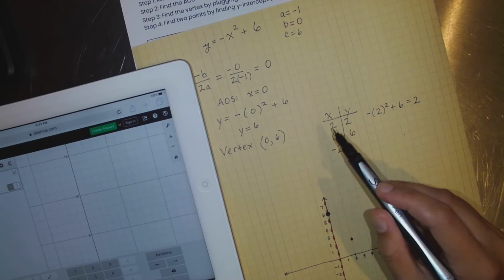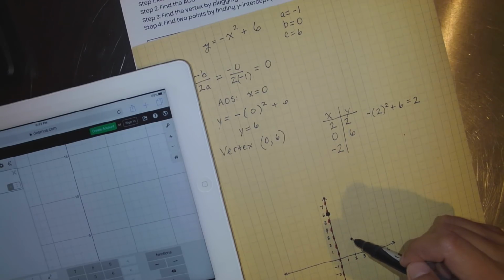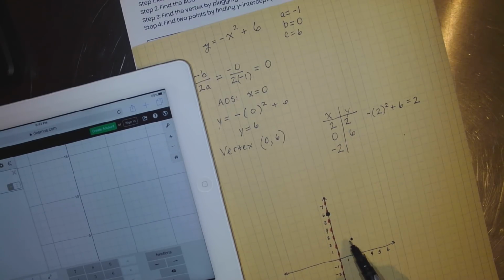There's a couple ways we can use a table of values to help us find these reflecting points, or we could do it by graphing. So finding the other side, the reflection of this point, I am 2 to the right of my axis of symmetry, so I'm going to go 2 to the left to find that other point. So this one will be negative 2, 2.